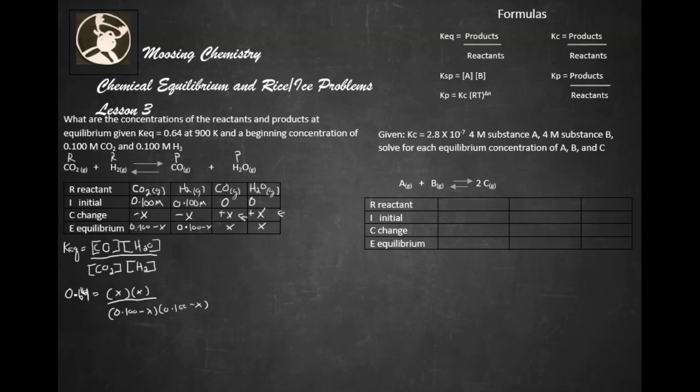So in essence, this gives me 0.64 equals x squared over 0.100 minus x squared. So I want to take the square root of everything.